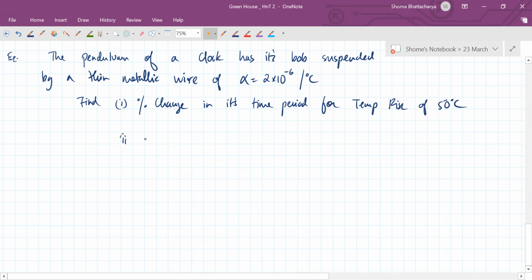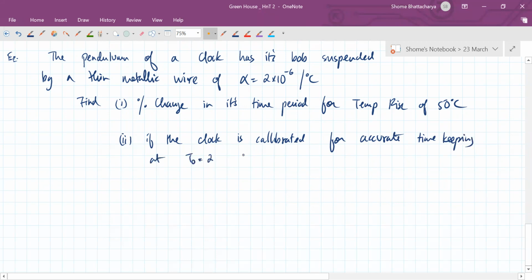Okay. So second, if the clock is calibrated for accurate timekeeping at a temperature of 2 degrees C, then find the percentage error at 52 degrees C. Okay.